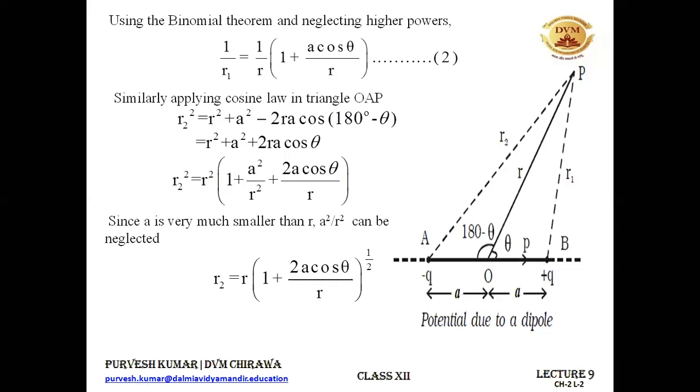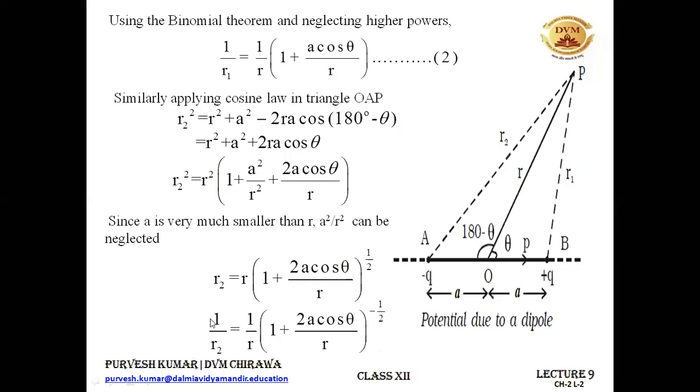So I can easily be writing it like this: 1 upon R2 is equal to 1 upon R in bracket 1 plus 2A cos theta by R to the power minus half. All right. Why so? Because first I have taken the inverse of it. So first take the inverse and then apply the binomial theorem. First we need to take the inverse because we want the value of 1 upon R2, not value of R2 only.